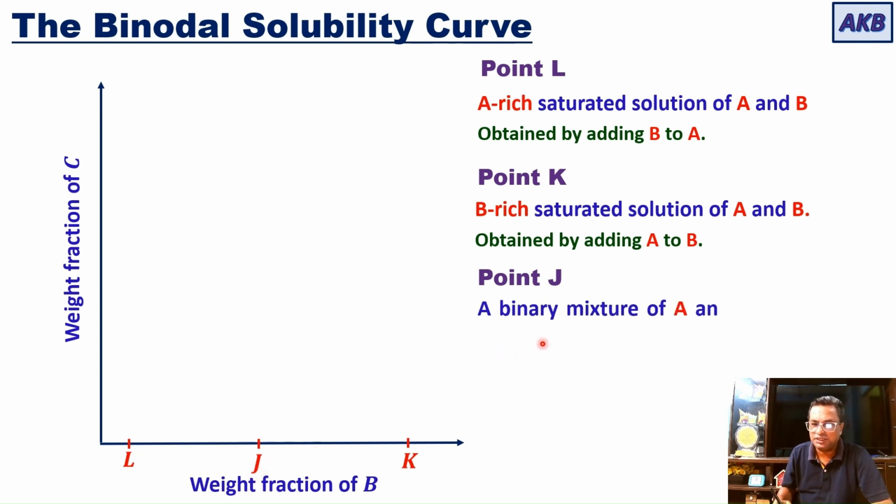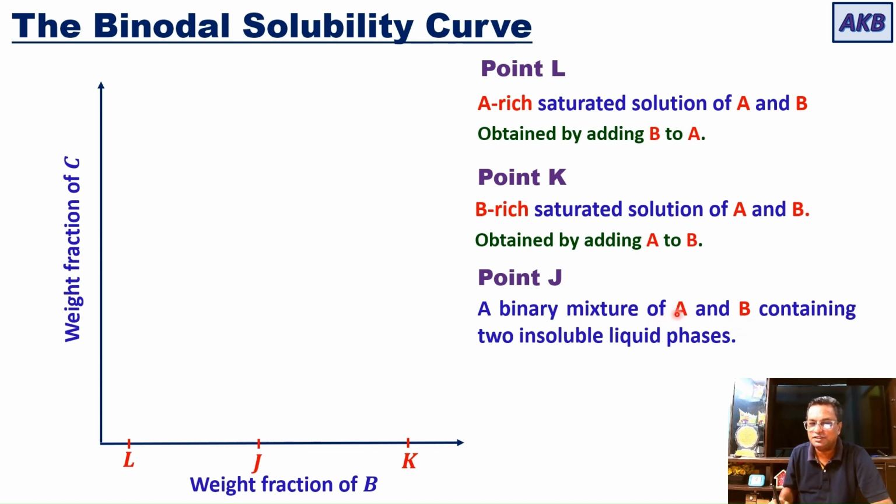Now this point J is a binary mixture of A and B. But here the mixture will be containing two insoluble liquid phases. One phase will be A rich phase and the other phase will be B rich phase.